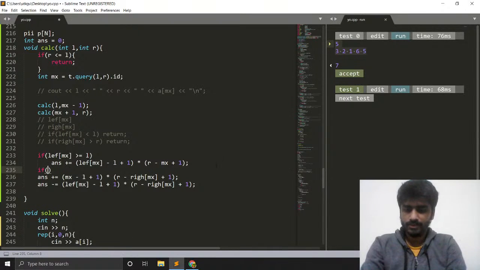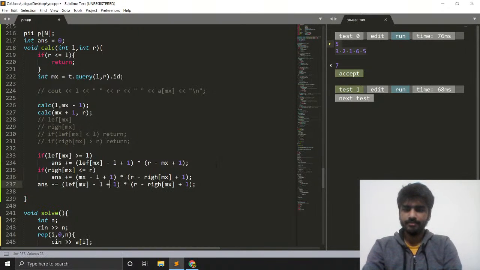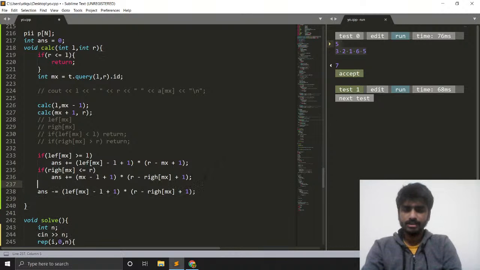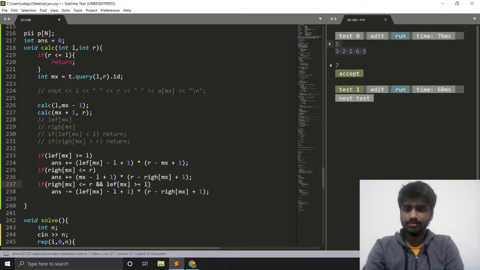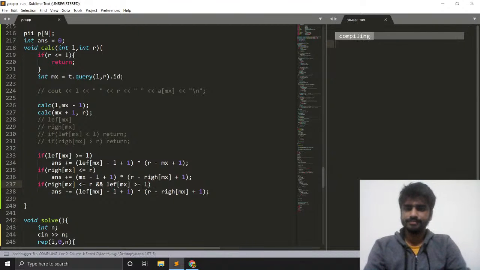Then if right of mx is smaller equal to R, then only we can do this step. And to do this step, we need both of these conditions to be true. So we combine them using an AND. I think this was what was going wrong. Now it should be fine.